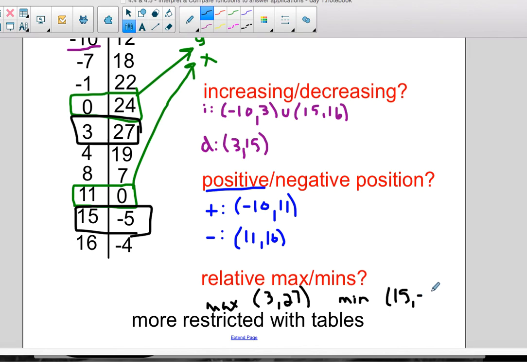And if you look at those x coordinates, 3 and 15, those are what pop up in here, right? The -10 and the 16 is just where the data stops. But the 3 and the 15 are obviously where the graph is changing direction, so it's going from increasing to decreasing, which is indicative of a relative maximum.